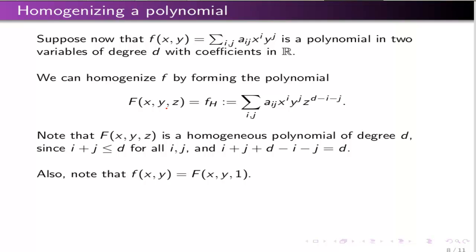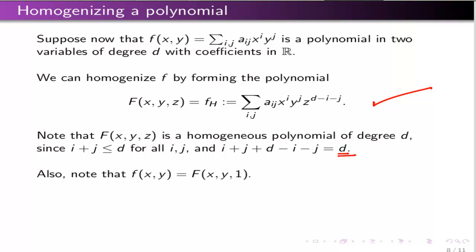So if the original polynomial has degree d, you'd want to put in z to the d minus i minus j, so that when you add the 3 powers, these 3 exponents add up to d in every term. So note that F of xyz is a homogeneous polynomial of degree d, defined in this manner, since i plus j is always at most d, and when we add up the 3 degrees, it adds up to d. You can also note that the original polynomial can be obtained just by setting z equal to 1.